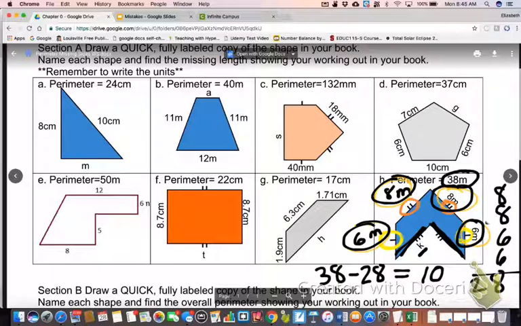So I'm actually going to split that 10 that I have left over, which means that this side is going to be 5 and that side is going to be 5. So my missing side that it's asking for right here, K, is equal to 5.